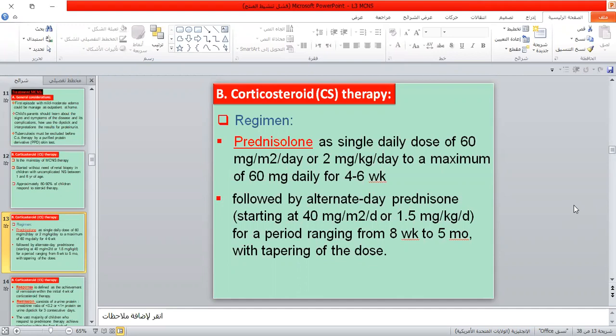High dose is very important. For duration and doses, it is very important to know.